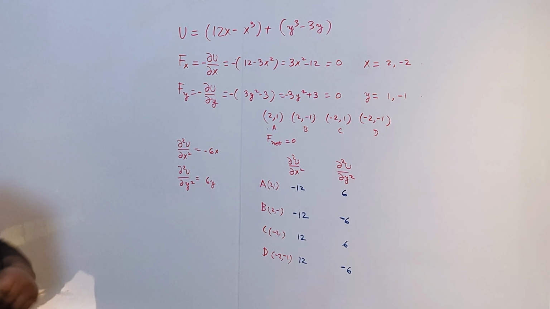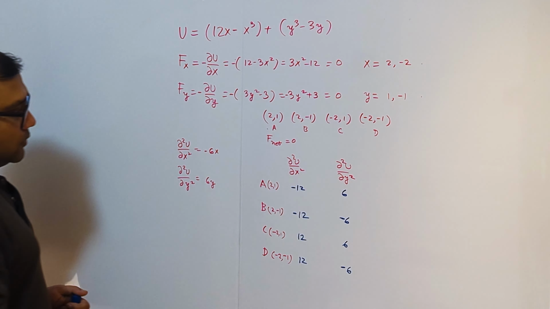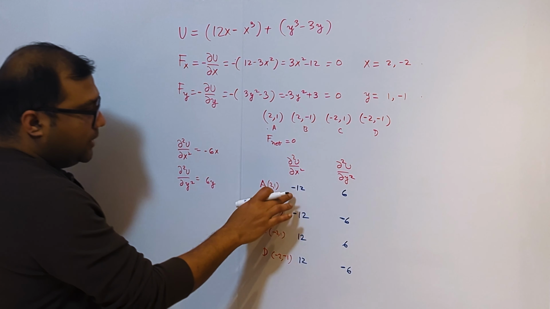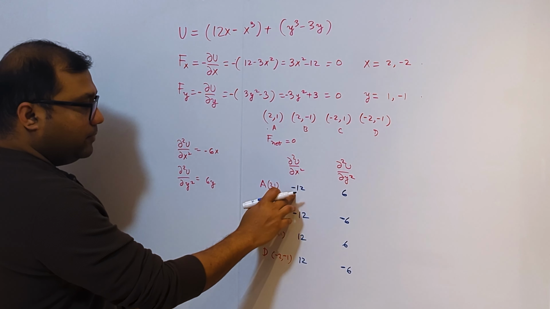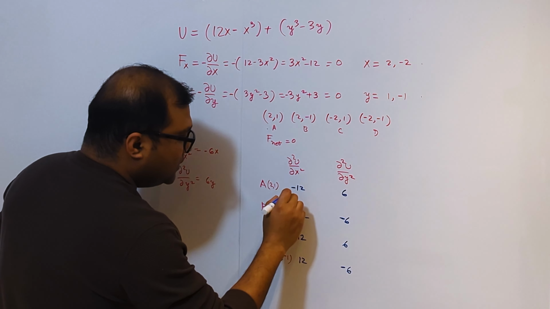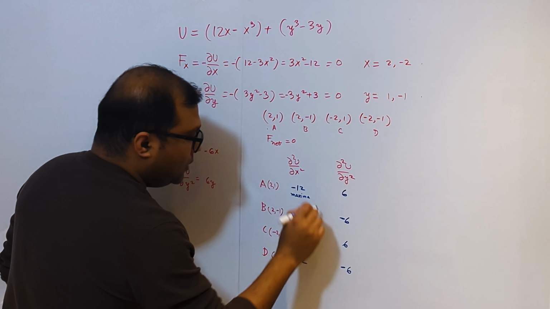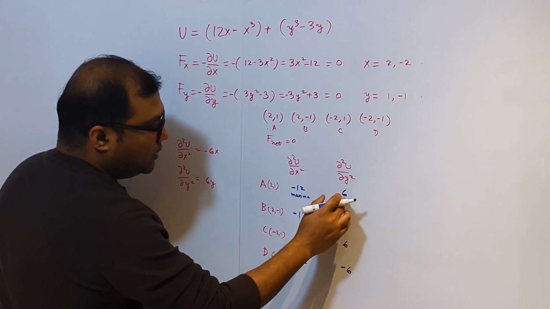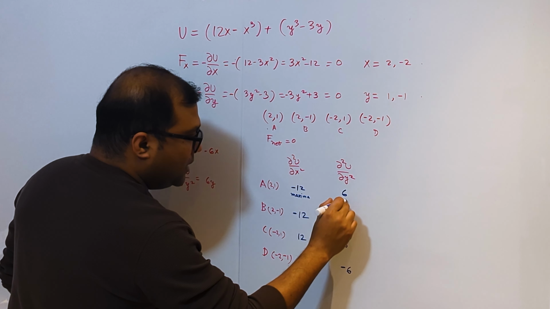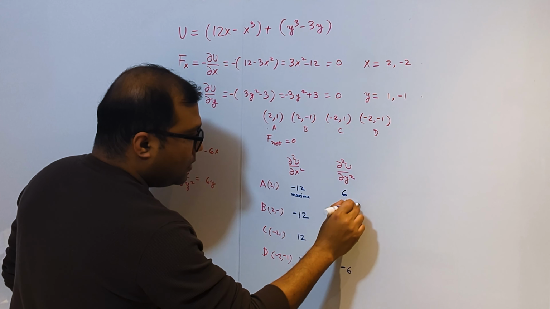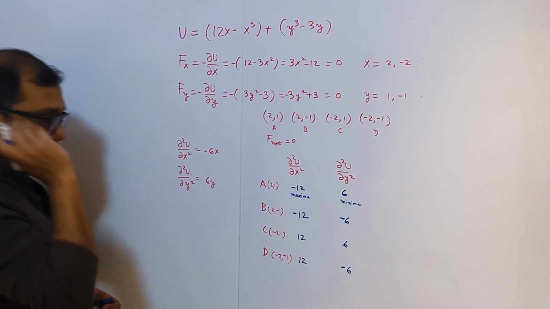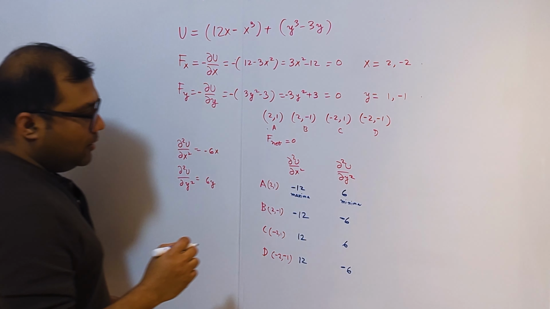Now what do we do? When del square u/del x square is negative, it means it's a maxima, but when del square u/del y square is positive, it means it's a minima. So how do we interpret this?